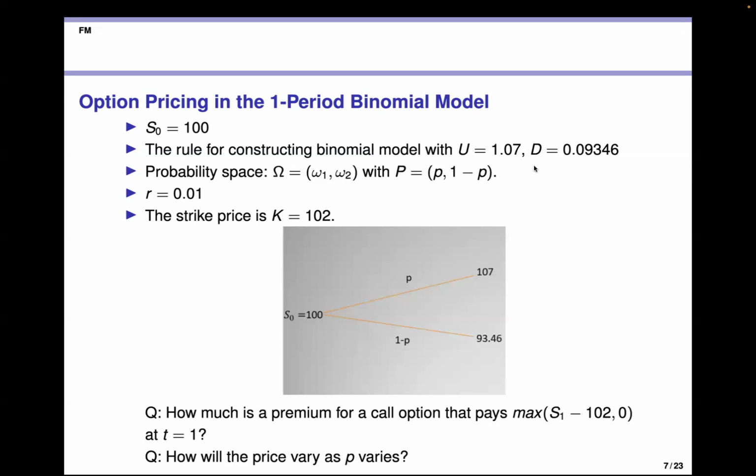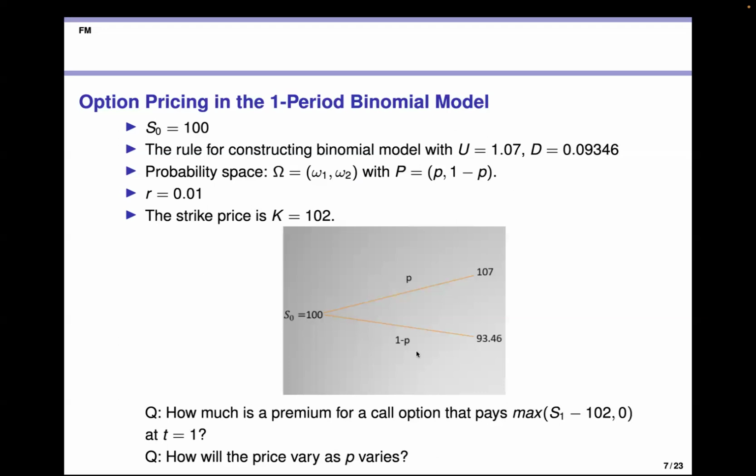U and D mean that in the up scenario, we need to multiply the initial price by U, and in the down scenario, we need to multiply the initial price by D. And we have the risk neutral interest rate.